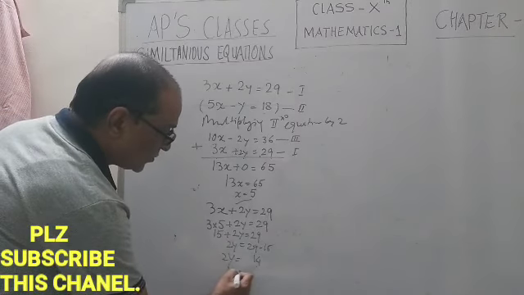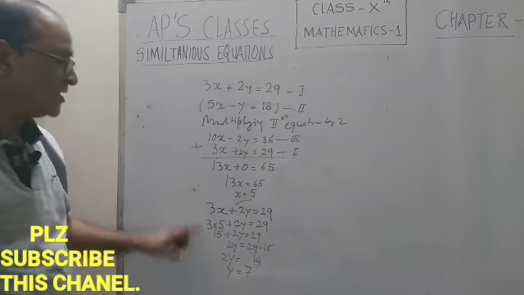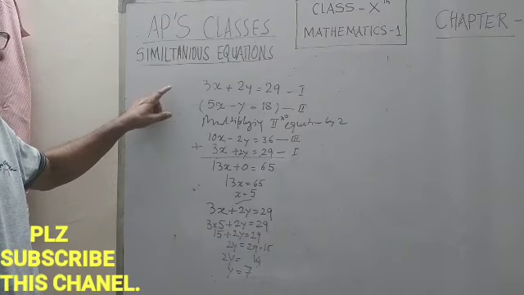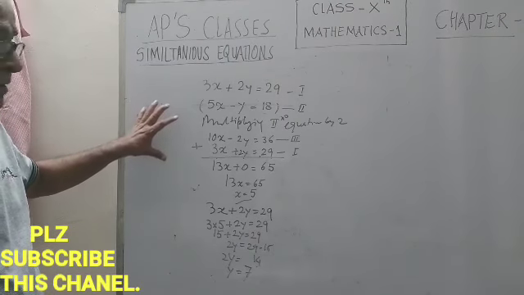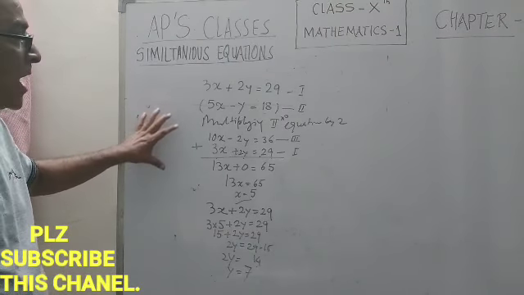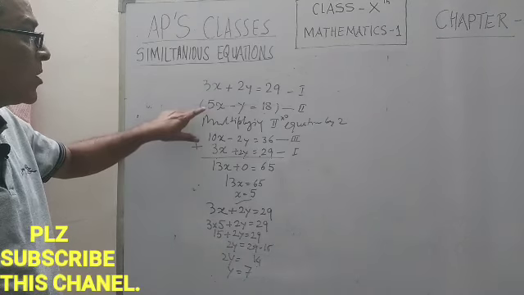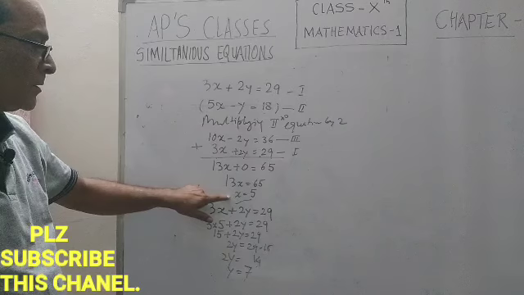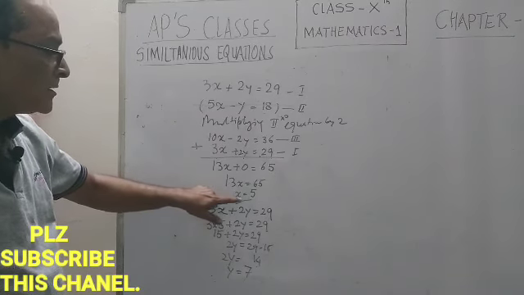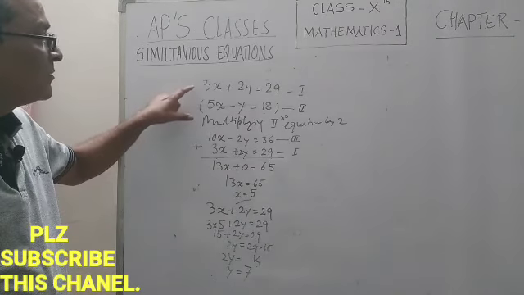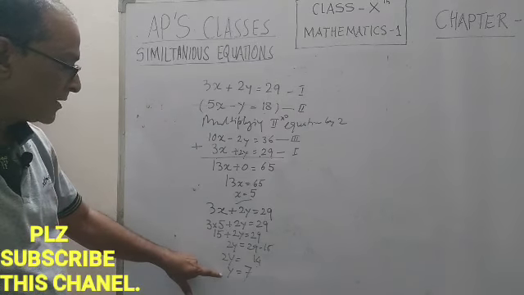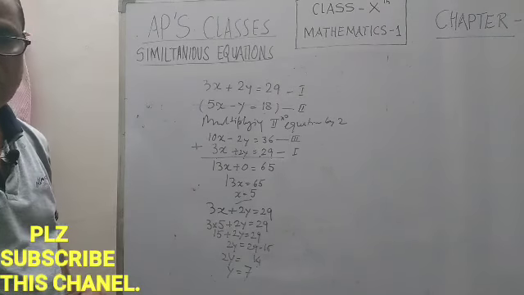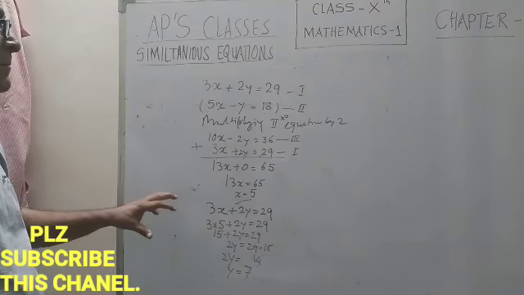So y comes to 7. Isn't it? What I have done? I have calculated the value of one variable here, and the same value is put in one of the equations, and for the other variable, I got the value. So this way examples can be solved.